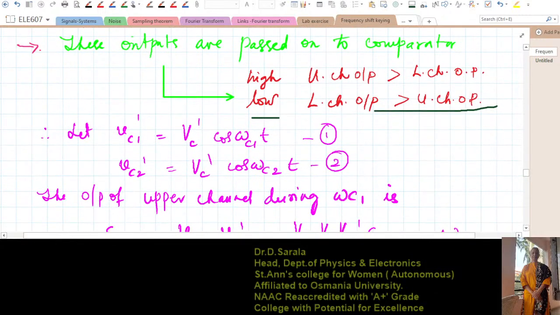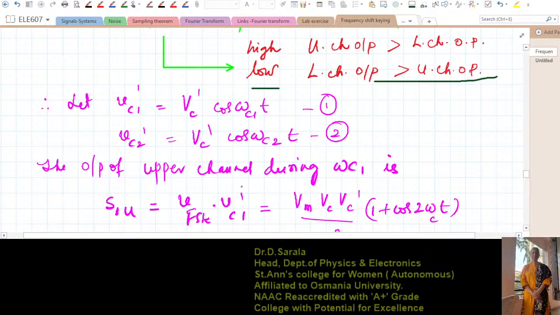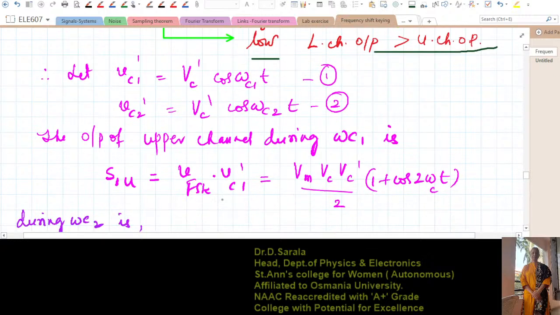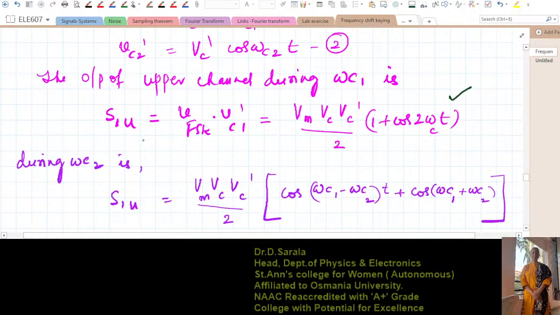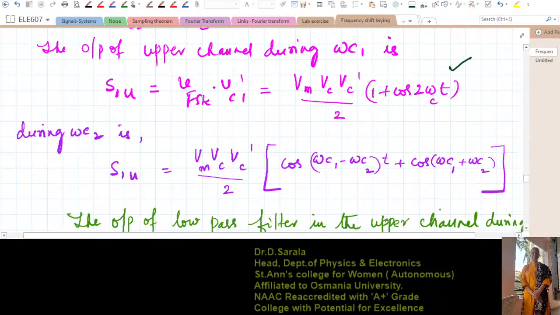So the same thing mathematically can be expressed this way. Vc1 dash is given by this, Vc2 dash is given by this. So the output will be Vfsk into Vc1 dash. This we have taken from the previous expression for Vc1. So it is given by 1 plus 2 omega Ct. And during omega C2, it is S1u, that is equal to omega C1 minus omega C2 plus omega C1 plus omega C2.